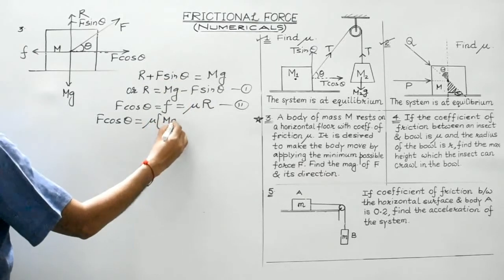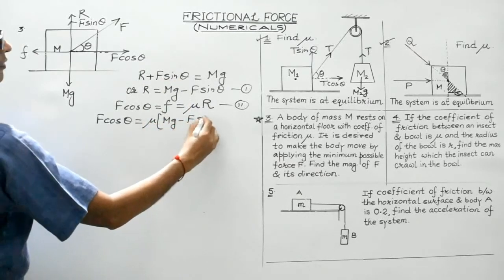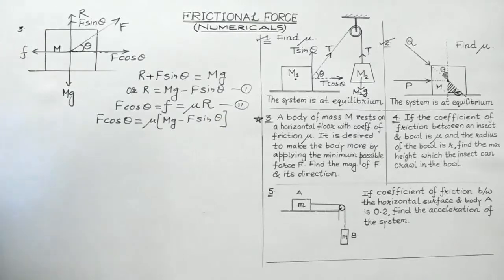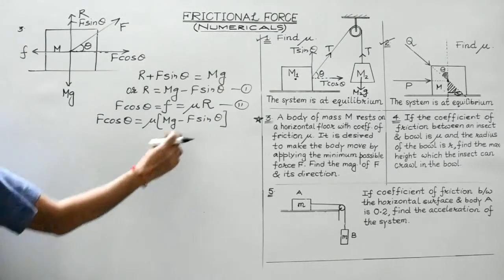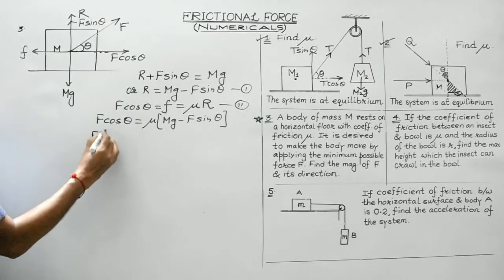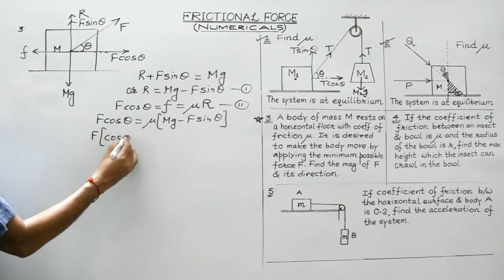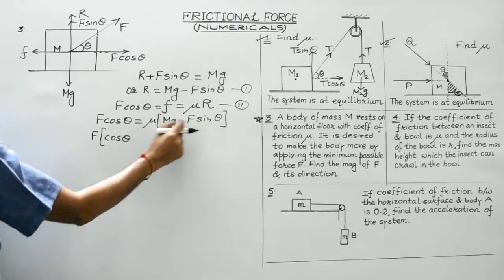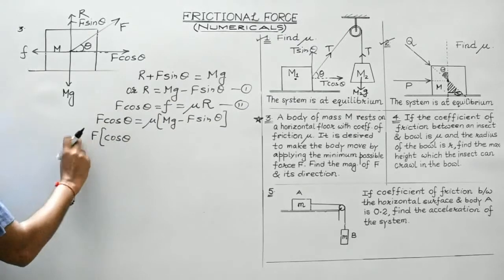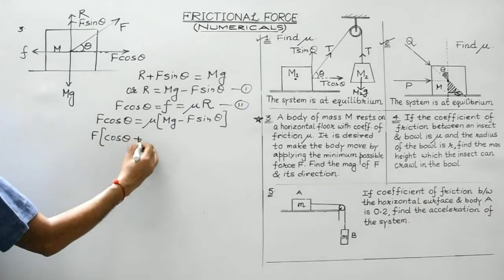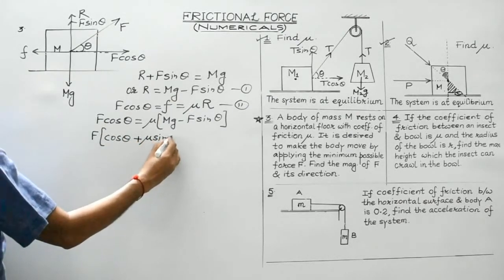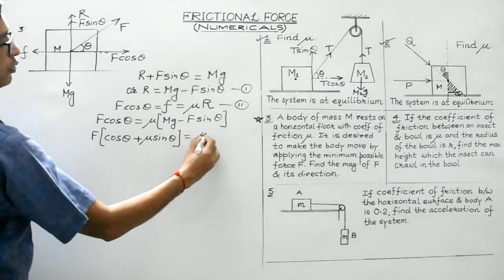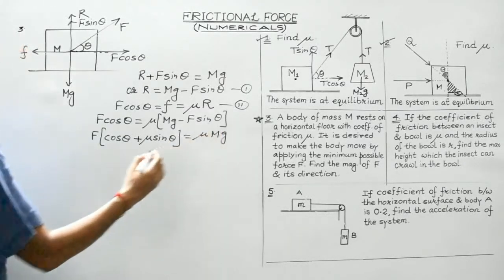What we get is mu times (mg minus F sin theta). Let us try to rearrange the terms. What we get is F can be taken as common: F cos theta. If you take this mu F sin theta over here, F is common, so it will be F (cos theta plus mu sin theta) is equal to mu mg, isn't it?